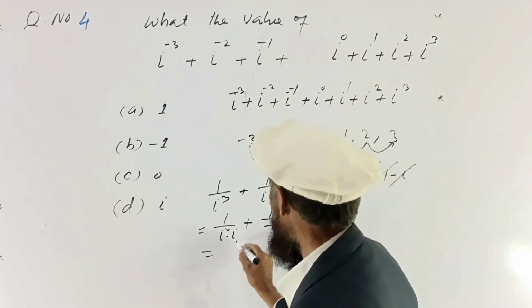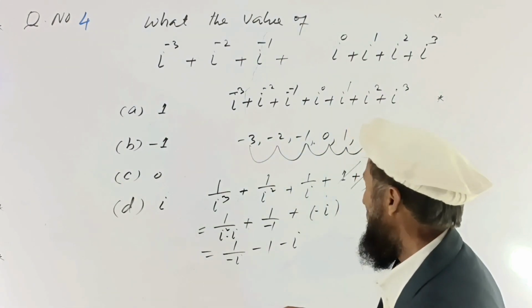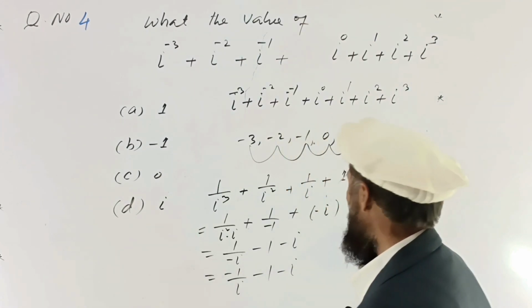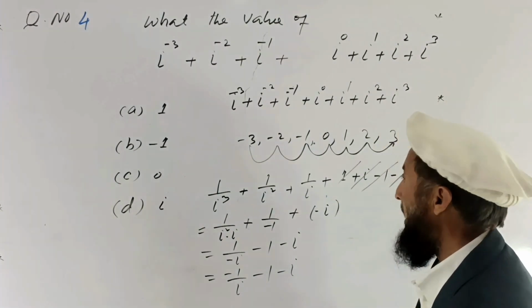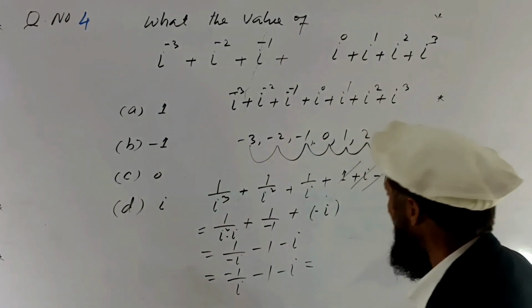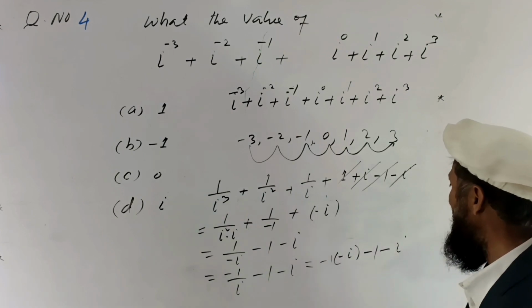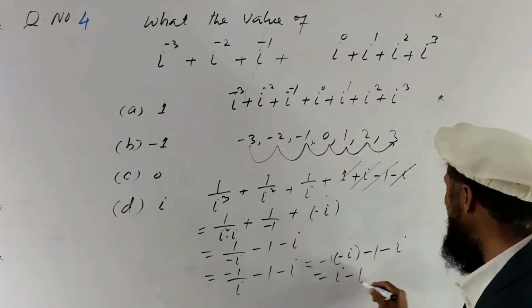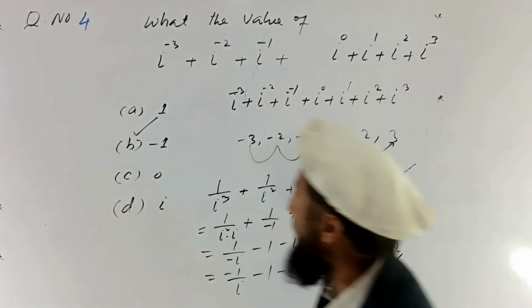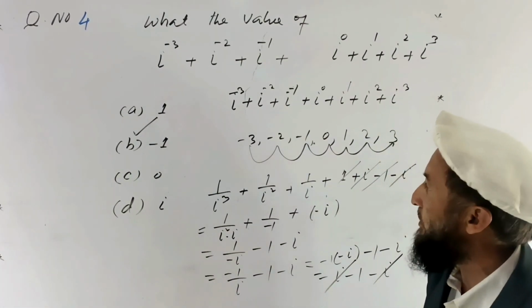So iota, 1, minus iota, minus 1, minus iota, and already we have discussed minus 1 divided by iota. The result will be minus 1 over iota, we get minus iota, minus 1, minus iota and minus 1 minus iota. So this will be plus iota, minus 1, minus iota. So both are cancelled, minus 1. Correct answer is B according to the procedure. So we get the result minus 1.